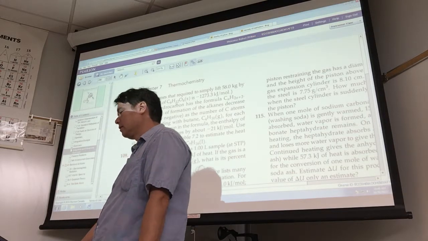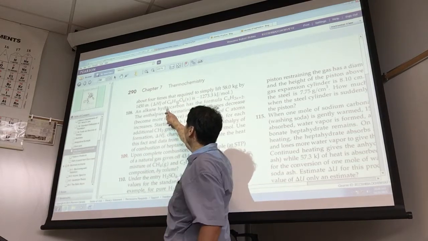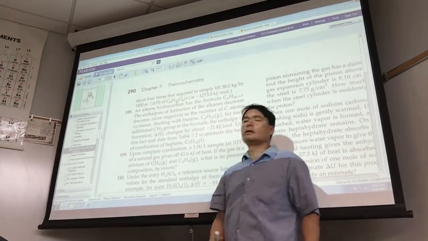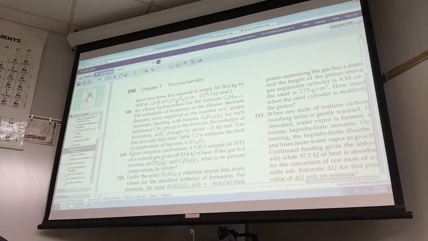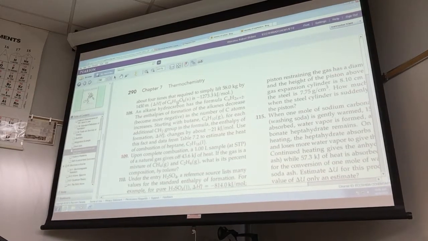They gave us delta H of formation. The standard enthalpy of formation of glucose solid is minus 1273.3 kilojoules per mole. We go here, minus 1273.3 kilojoules per mole.